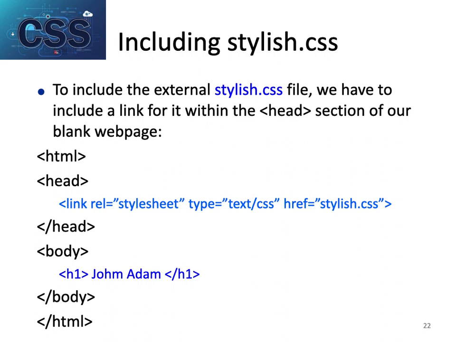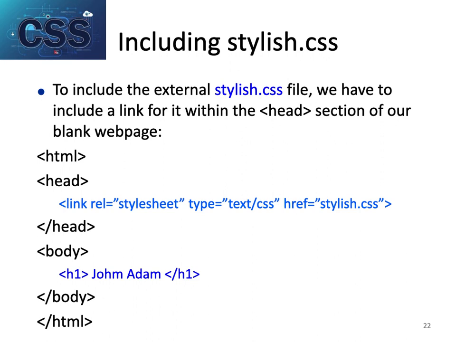Type is equal to text slash CSS, and the hyperreference or hyperlink associated with the CSS file is specified. So it is available in the current working directory. No need to specify a path information. You can directly place the name of the file. So href is equal to stylish.css. So this is the particular way to link an external style sheet to your web page.